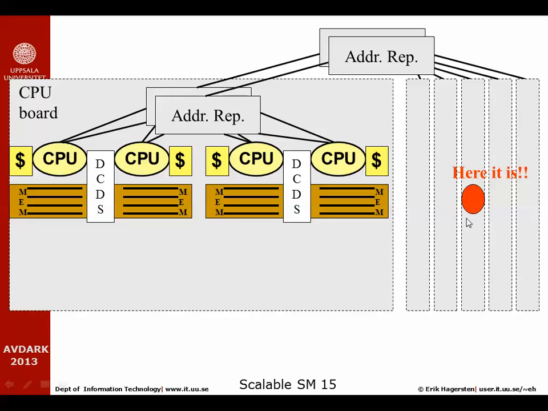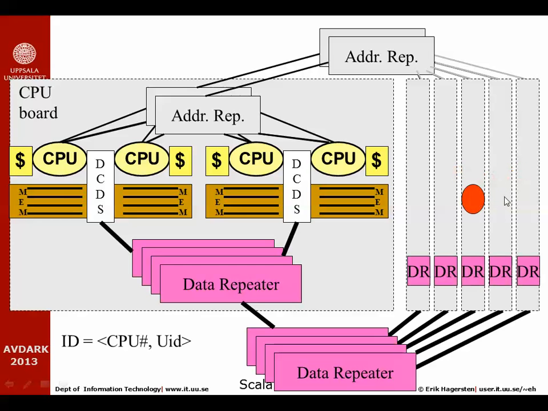We choose one of these CPUs or memory controllers that has the data, and that data is sent across a completely different network. We don't want to broadcast that in the same way, so we send the data tagged with the unique identifier. Part of the unique identifier identifies the CPU that sent out the request.